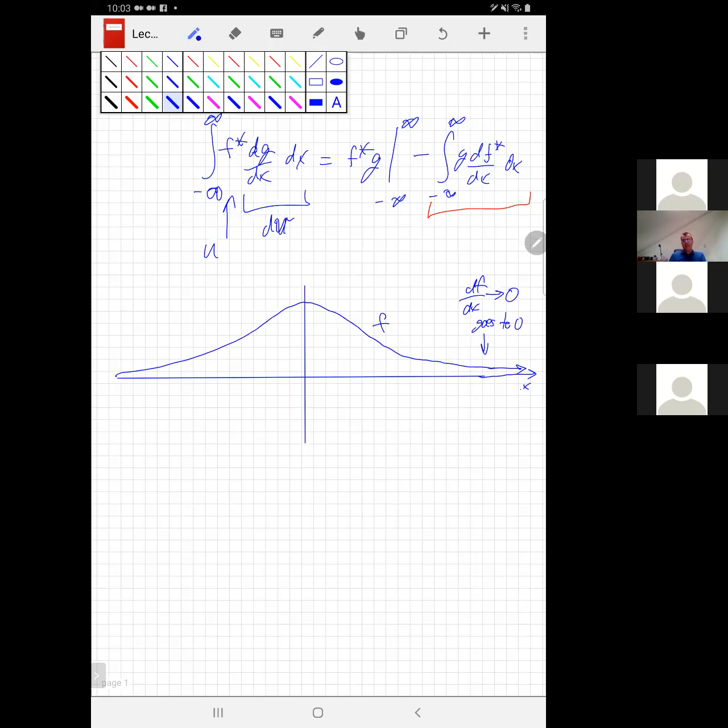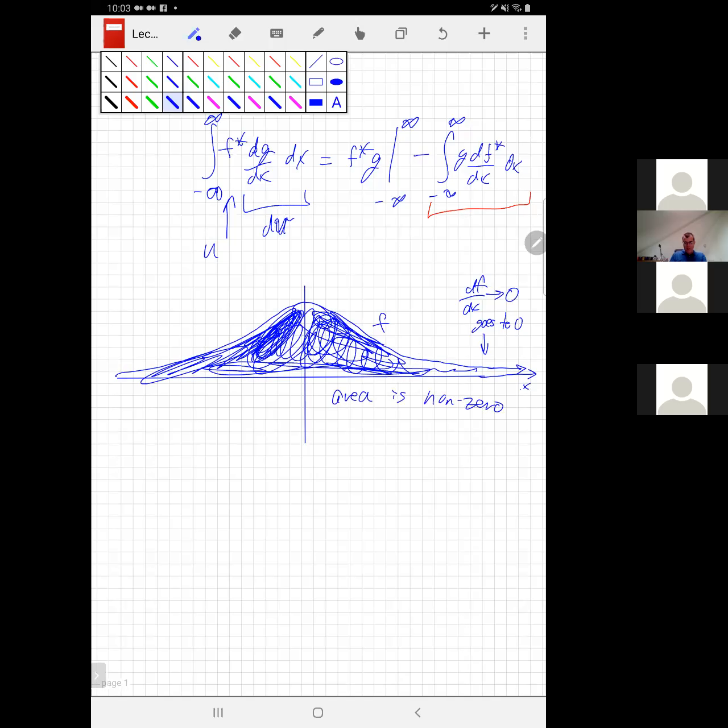So because this thing is flattening out towards infinity, you could say that the derivative is going to 0. You could say that the function is going to 0. Is the area under this curve 0? Yes or no? No. Definitely not 0. This integral is definitely not 0. This area is non-zero.